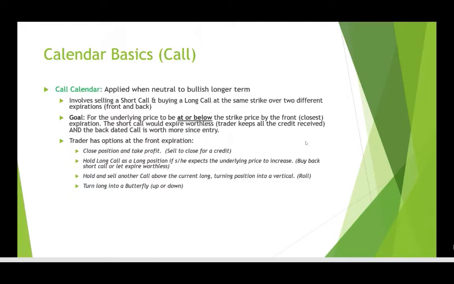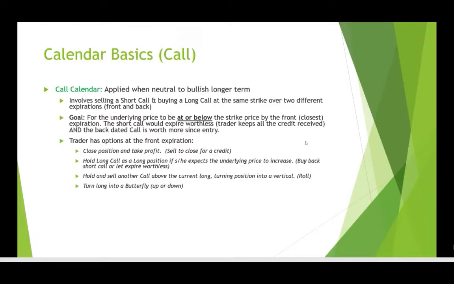Right? The other option that I really like, and I've done both of the last two, is you can sell another call. So the underlying got to your short strike. In fact, it even got past it, and it's showing signs that it wants to run.